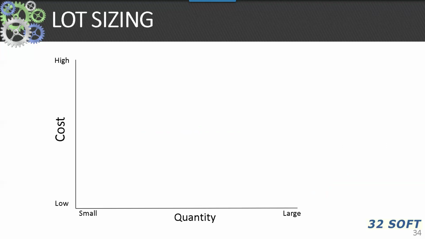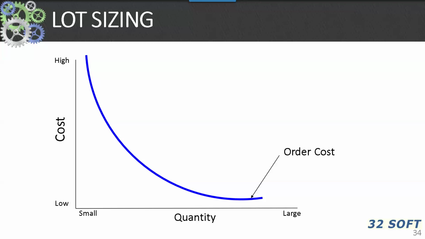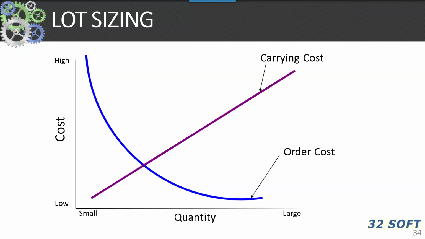To calculate the optimum lot size, we can use what is called the EOQ, economic order quantity. As we see here, we have order costs. The more you order, the less the cost, balanced against the carrying cost. The more you order, the longer it's going to be, the more it's going to cost you to have inventory.